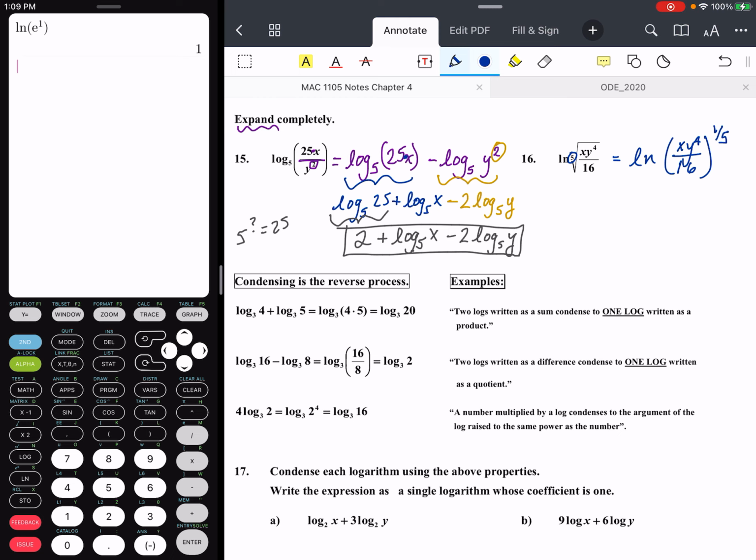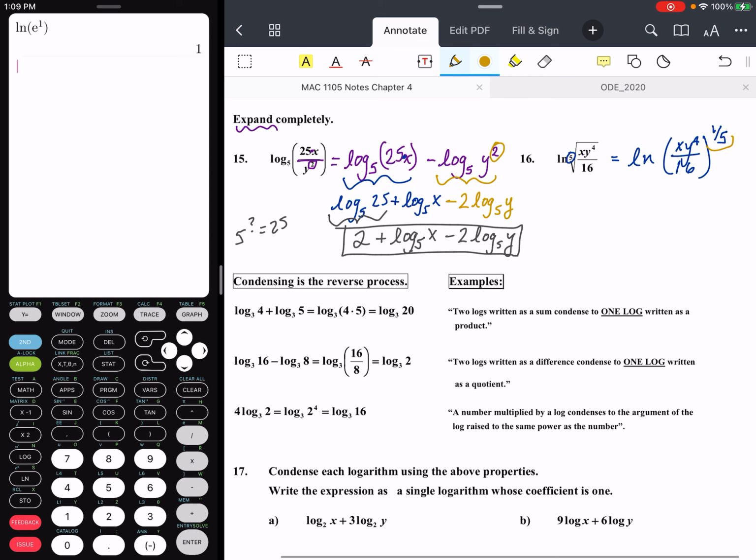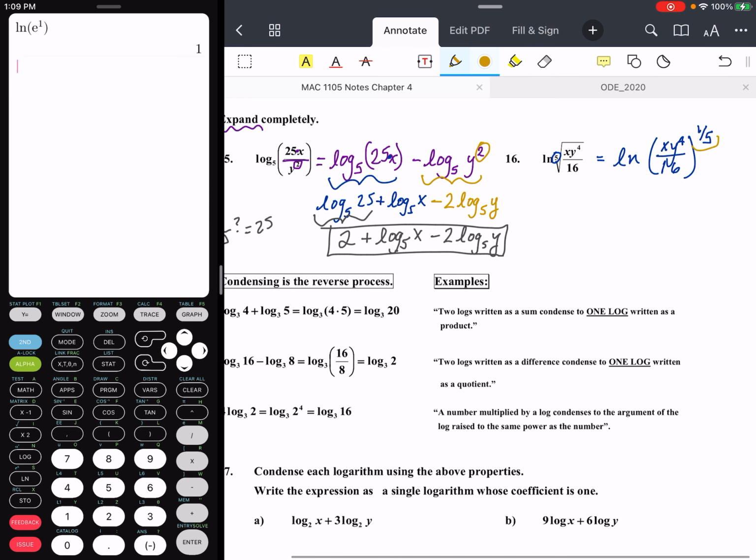Now the power is on the outside, so I'm going to attack that first because the power is outside of those parentheses. So because the power is outside the parentheses, I'll apply the power rule first. So 1/5 times the natural log of xy to the 4th over 16. And I'm going to keep that 1/5 on the outside of all of this.